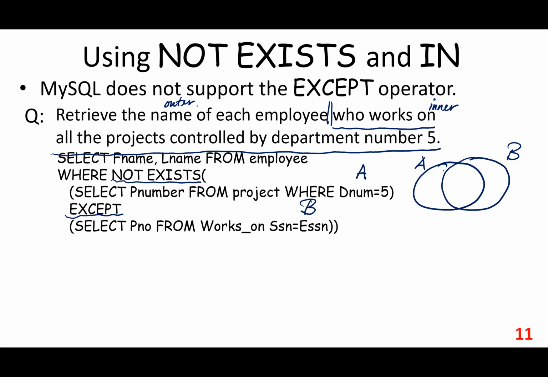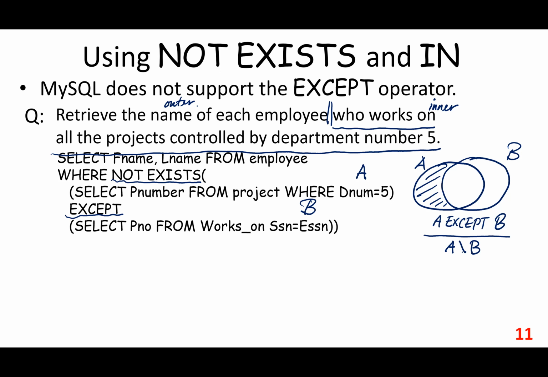A except B, that's this part. You know, in math, sometimes people use this special minus operator, A minus B. This backslash minus, in math, sometimes people write it that way.